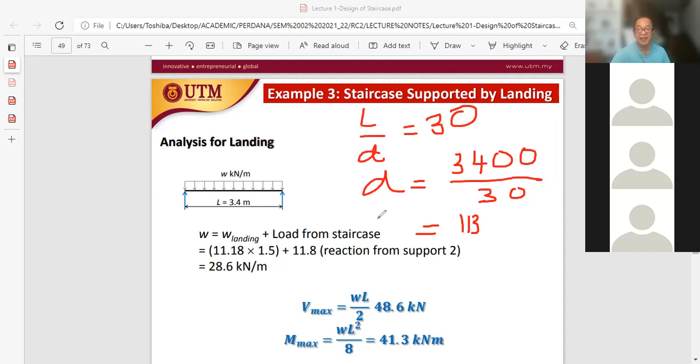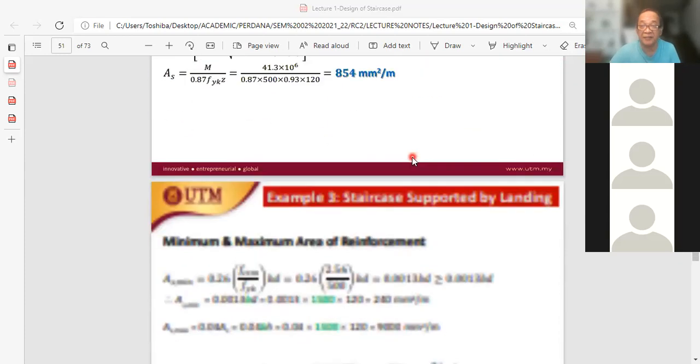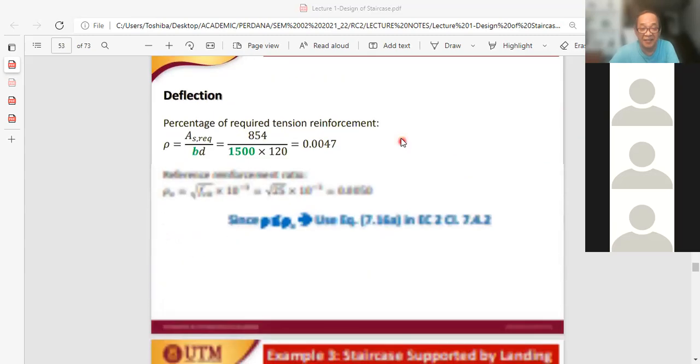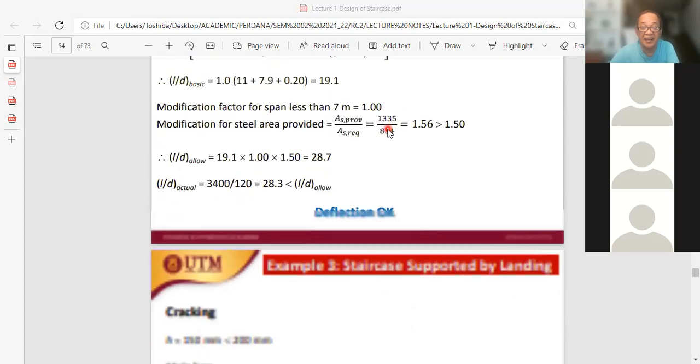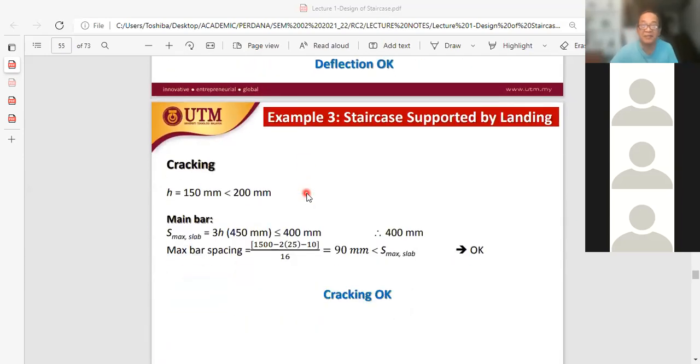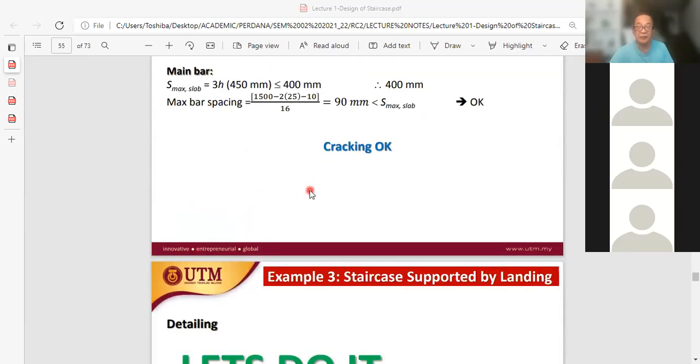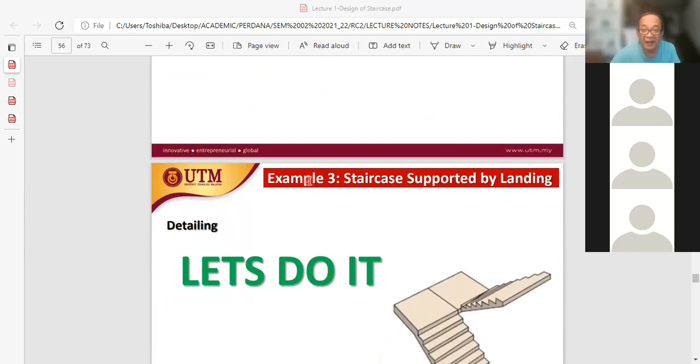Tapi daripada sini 150 menghasilkan solutionnya too close, terlalu hampir antara allowable dengan actual for deflection. Okay, deflection criteria, it is a bit too close. However, it's still okay lah. In terms of kita punya on paper, it's still okay. Okay, cracking sebagaimana example 1 and example 2.